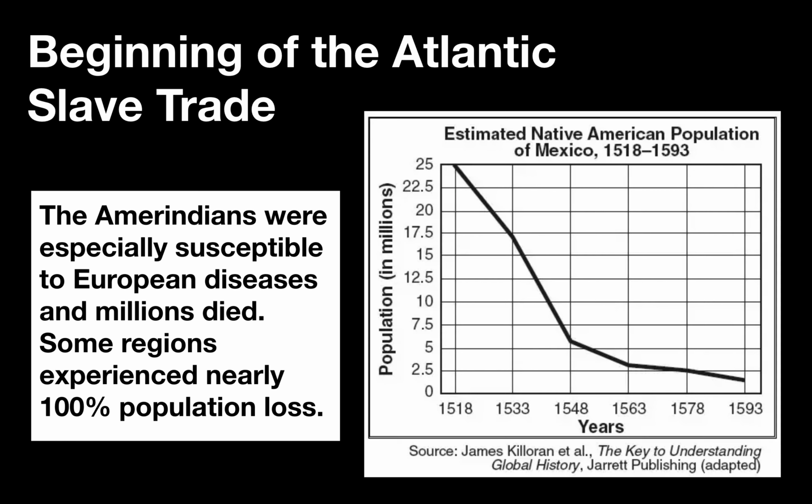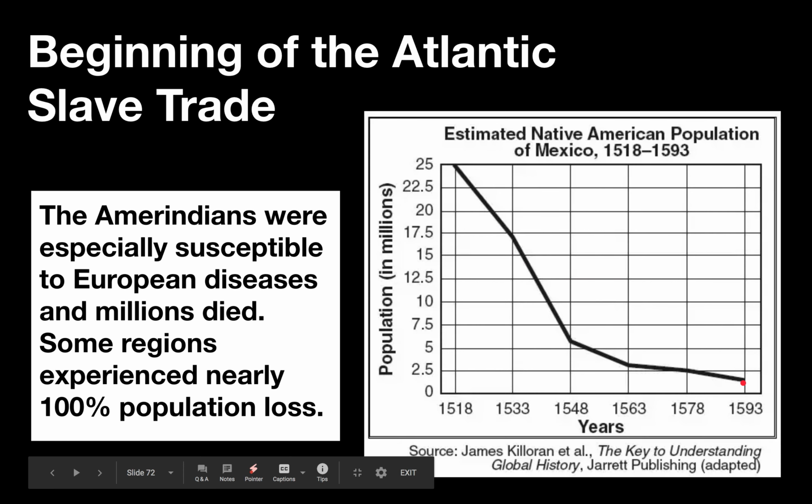right? The main culprit here is disease. These European diseases were extremely fatal to Native American populations. If you look at Mexico as a prime example, you go from estimated numbers of 25 million Native Americans in 1518 down to less than around 2 million.